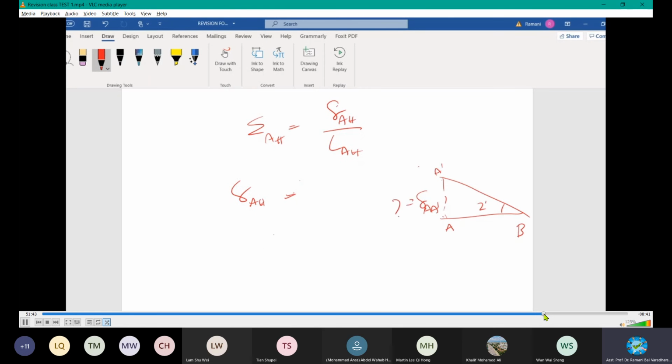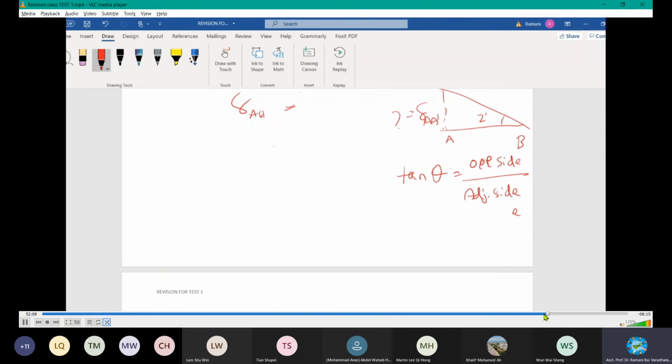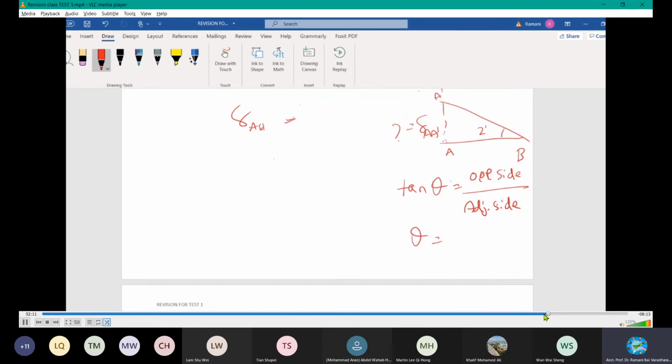To find this value, I take tan theta because theta is already available for me. Why don't I consider tan? Because for smaller angles and very low slopes, you can just take it as theta itself. I repeat, tan theta is equal to opposite side by adjacent side. But for smaller angles, you can take it to be theta itself.